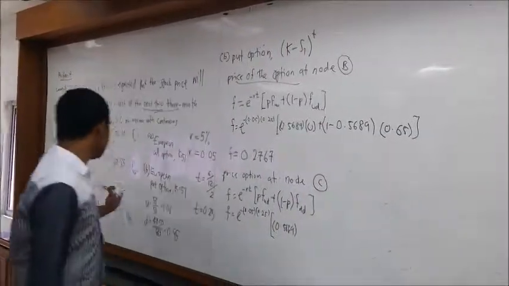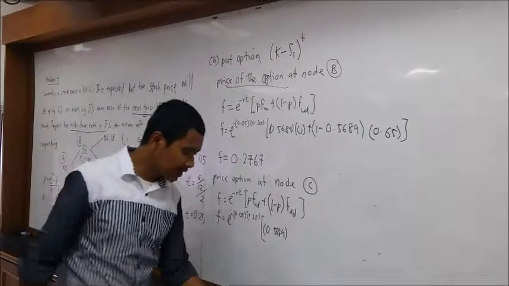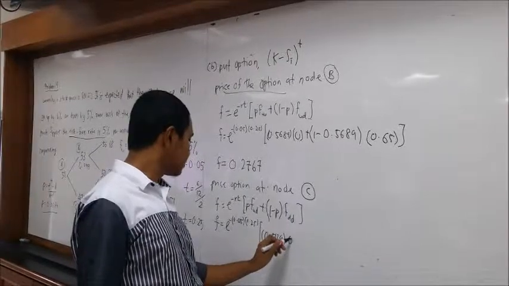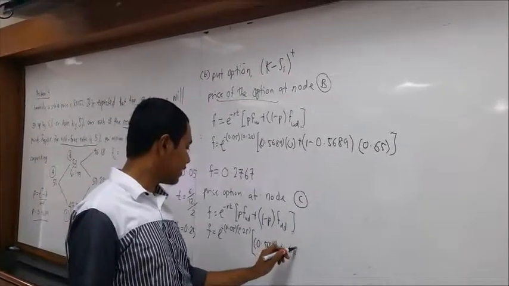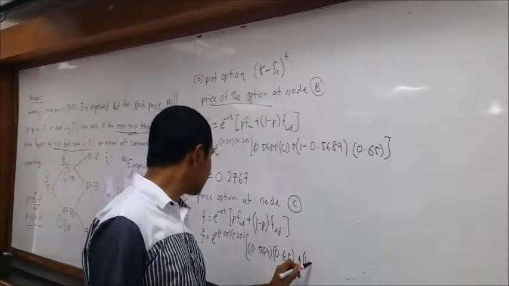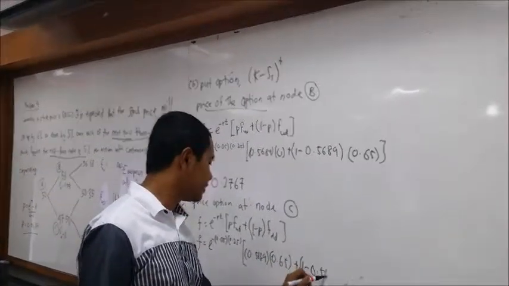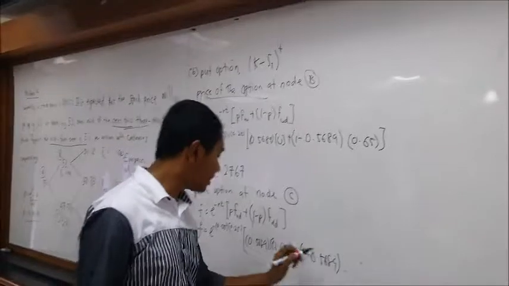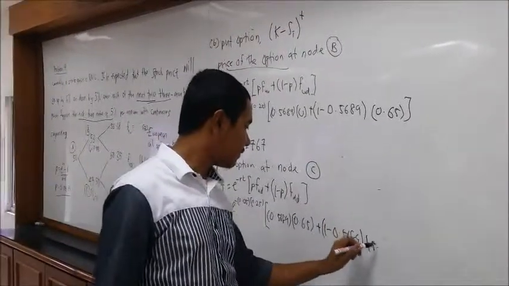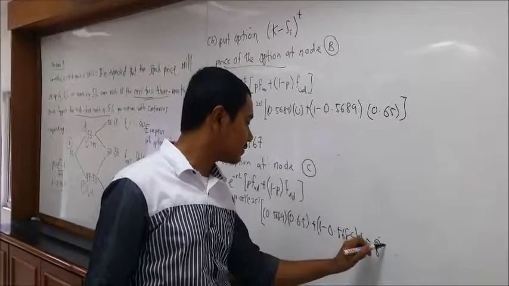Our FUD here is 0.65, plus 1 minus 0.5689, our FDD is 5.87.